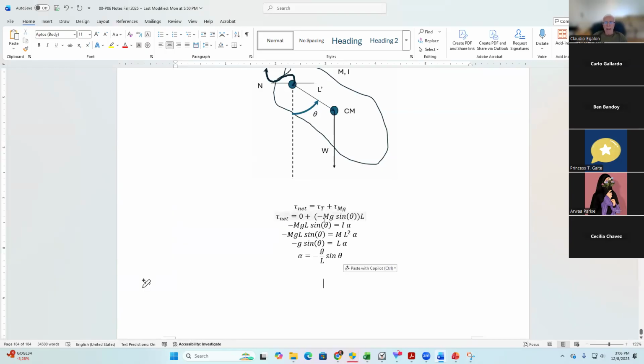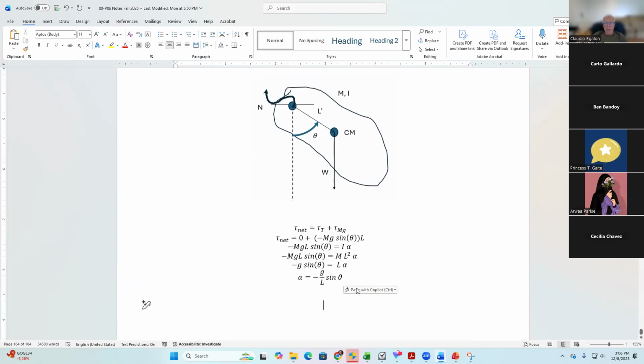Here you go. Net torque applied to the rigid body is the torque due to that normal force at that point of rotation, plus the torque applied by the weight of the pendulum.